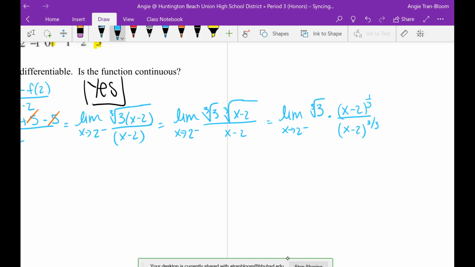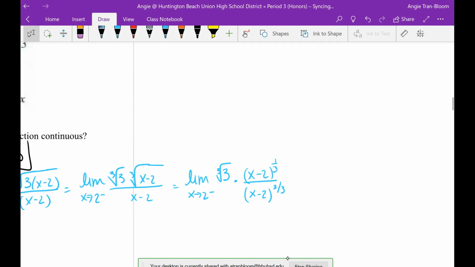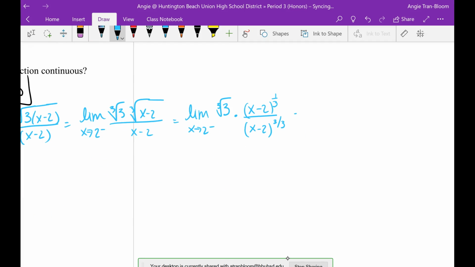Okay, let's reduce. What happened when you reduce? Limit as x approaches 2 from the left. On the top, I now have third root of 3. On the bottom, you would have x minus 2 to the positive 2/3. Yay? Nay? Maybe so? Yay.